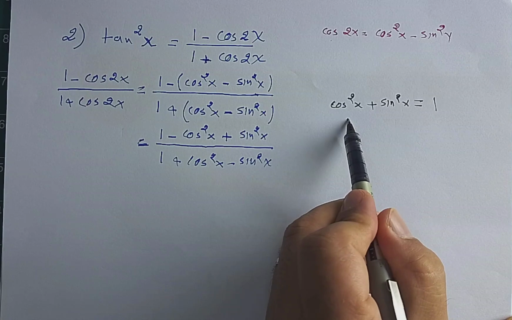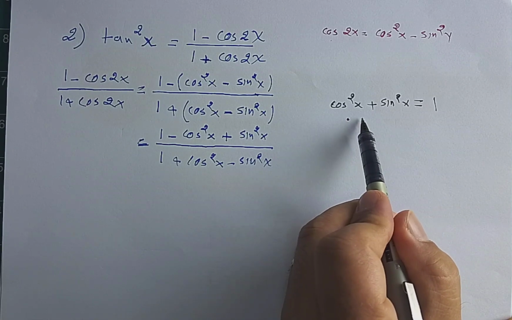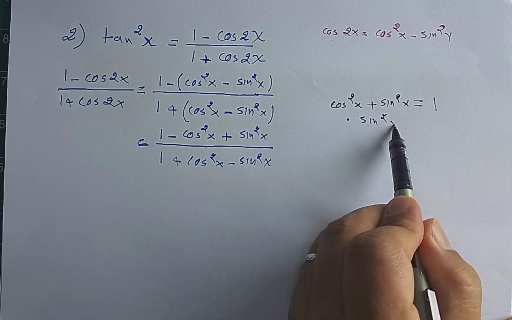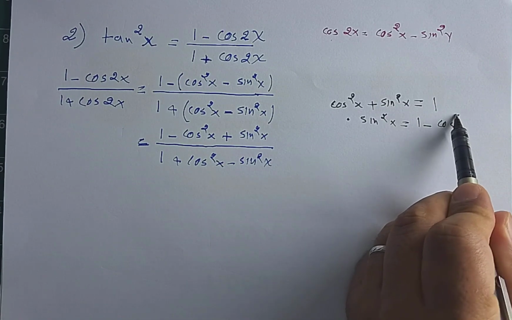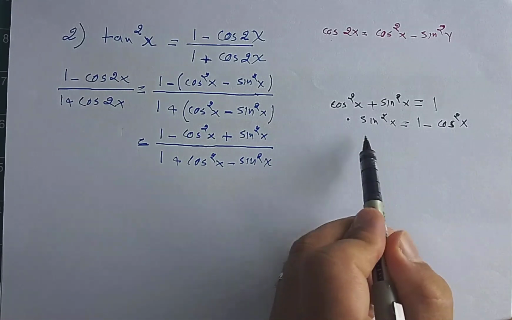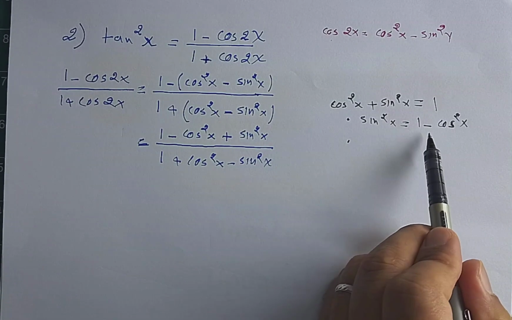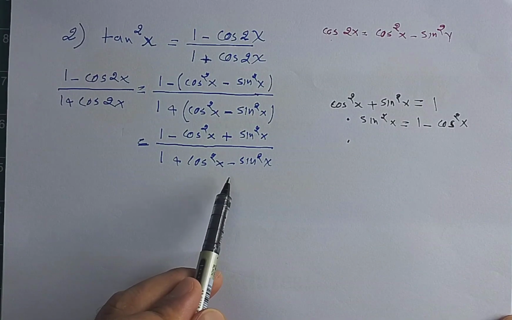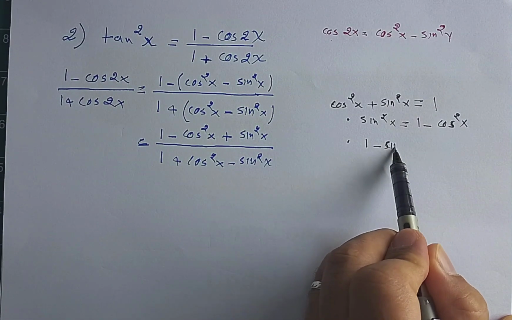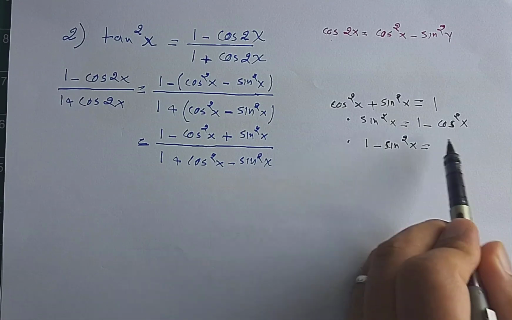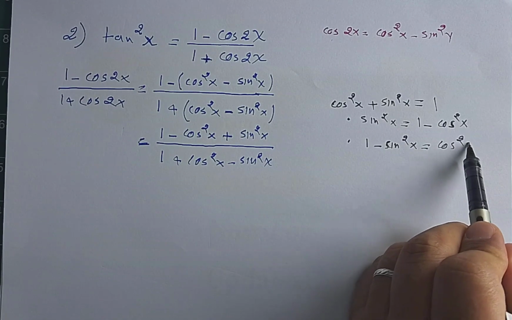The first one is sine square x equal 1 minus cosine square x, and the other, 1 minus sine square x equal cosine square x.